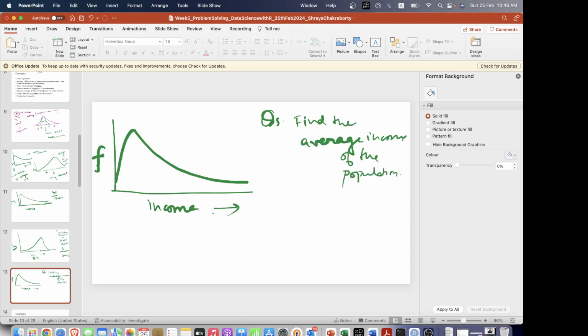If you do a simple average, because of the presence of millionaires and billionaires, the true measure of central tendency should ideally be somewhere around here, because most of the groups are clustering in this area. This should be the true average income, let's say.